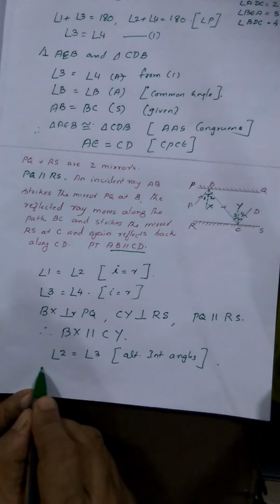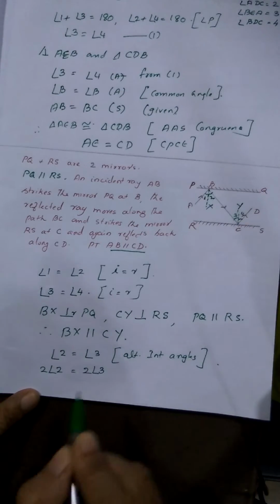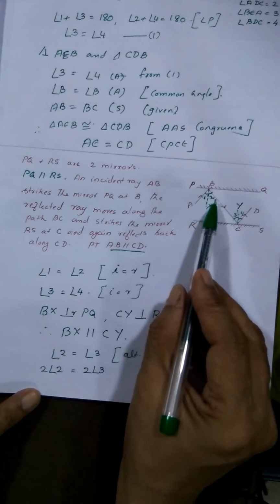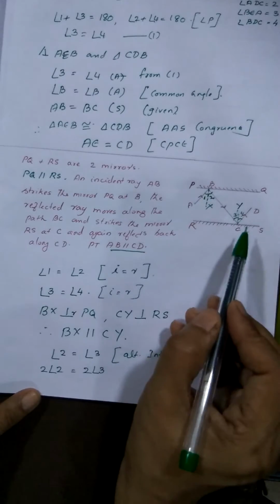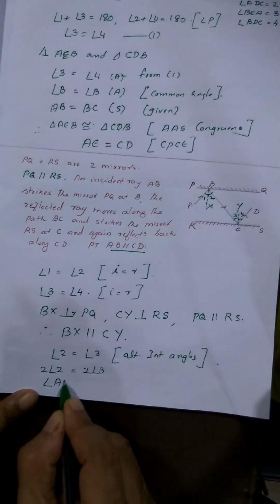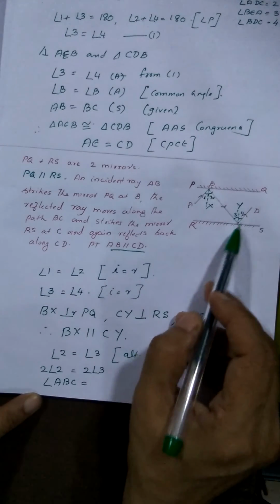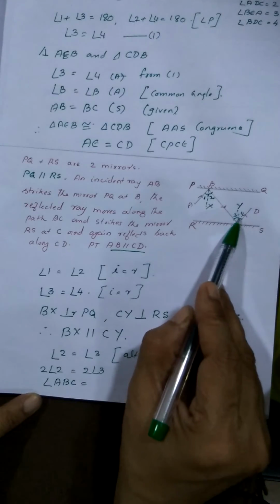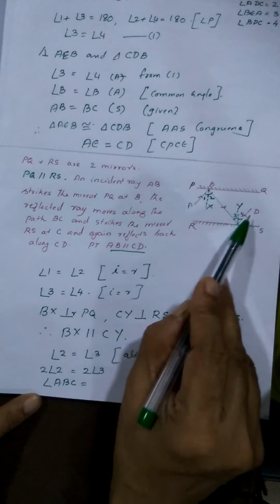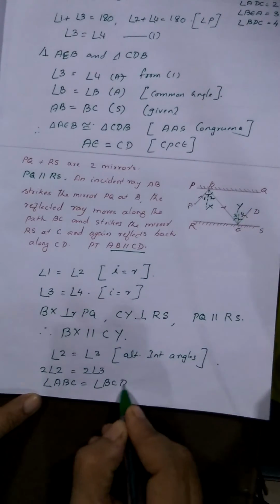So I will just multiply by 2 on both sides. Twice angle 2 is equal to twice angle 3. So what is twice angle 2? It is angle ABC. So angle ABC is equal to twice angle 3, and 3 and 4 are equal, so you can write twice angle 3 as angle BCD.